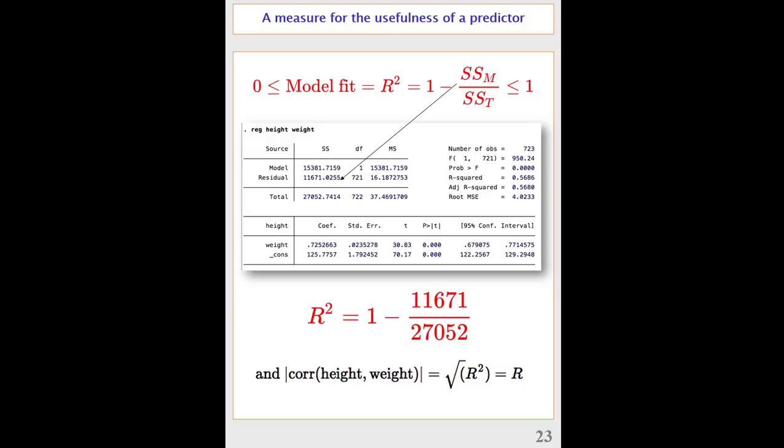If x is not helping, R squared would be 0. If we're predicting perfectly, R squared would be 1. It's all based on these sums of square differences, and these numbers over there are used to calculate this number over here: R squared, 0.57 in this case.